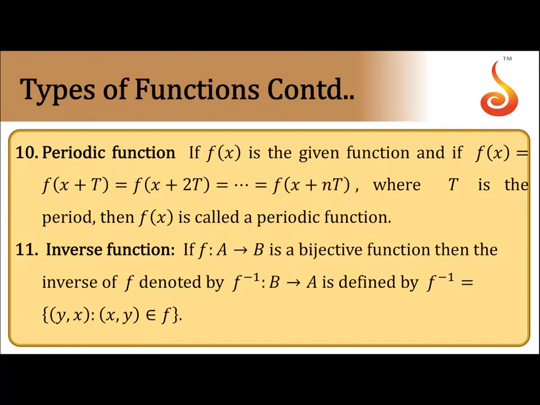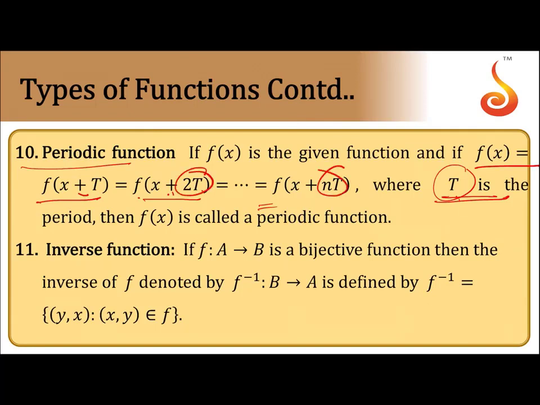Continuing, the next property of a function is the periodic function. What is meant by a periodic function? If there exists a real number t, which is the least positive number, such that f of x is equal to f of x plus t, then f is called a periodic function with period t. If t is a period, then f of x plus 2t is the same as f of x plus t, which is the same as f of x.